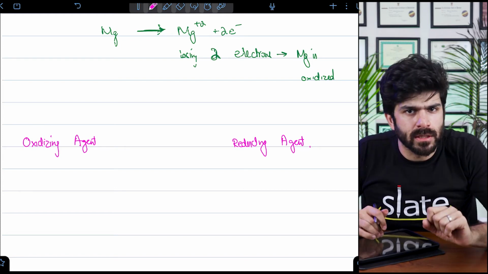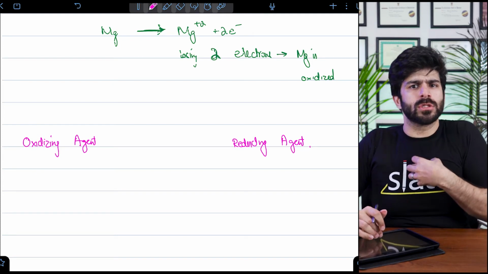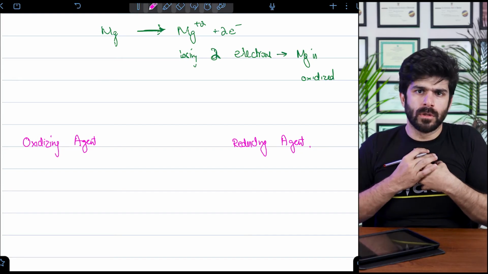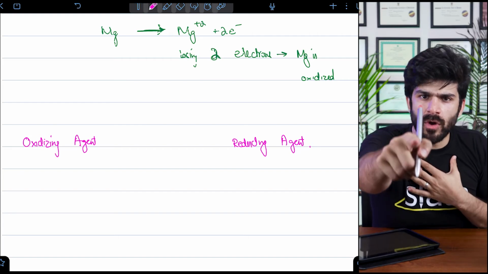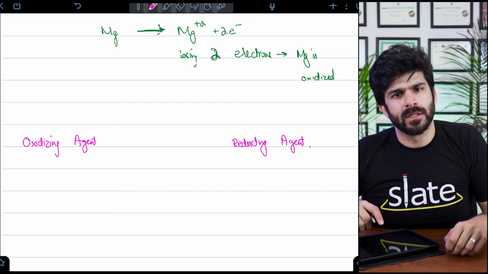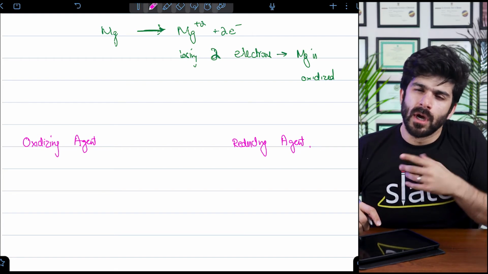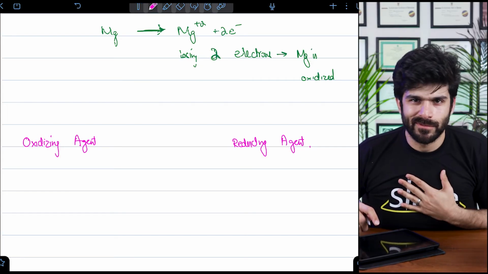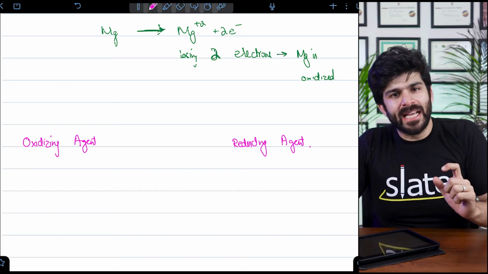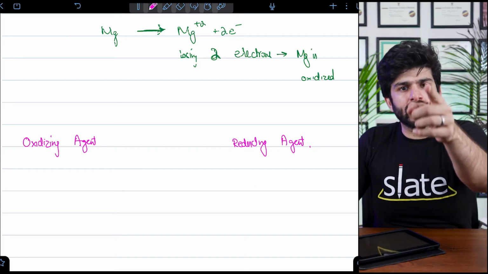You got oxidized. But I have taken those electrons from you. I have gained electrons, you have lost electrons. Since you have lost electrons, you are oxidized. But I have got reduced. But who oxidized you? Me, myself, yours truly. So in that case, I am the one which is oxidizing you.